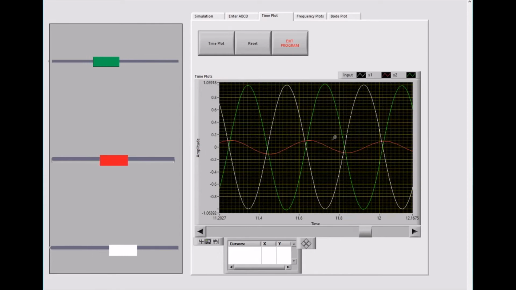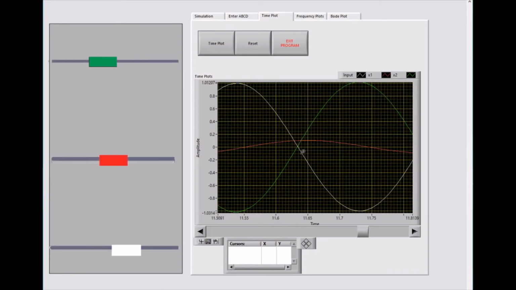So here it is. For mass 1, the peak of the input occurred right here. This is my base motion, this is my input, and I always want to look to my right, because I want to talk about phase lag instead of phase lead.